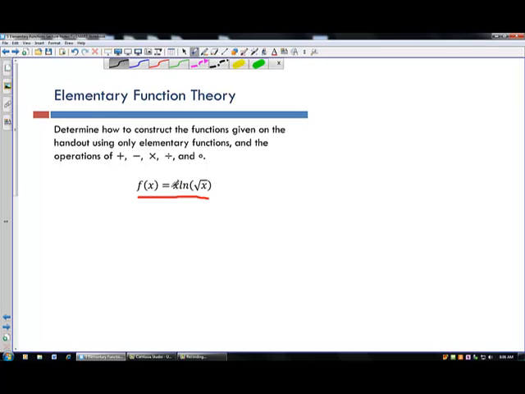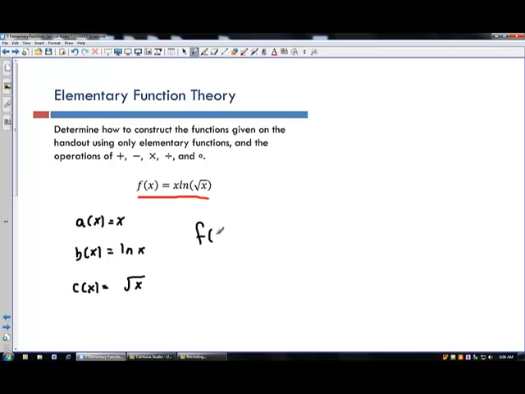So when I see this, I actually see 3 parts. I see an x, an ln function, and a square root of x function. And so what you would do is you'd say, okay, let's make my first function a of x, the x function, my next function, and these are all elementary functions, b of x, the ln of x function, and then c of x, the square root of x. And then I can make f of x by doing what?